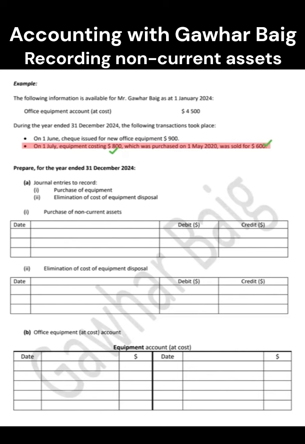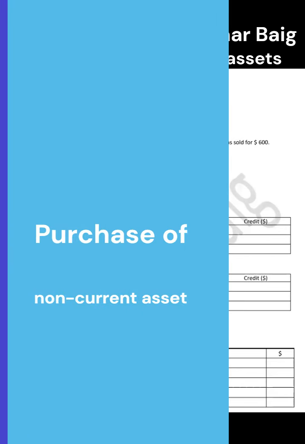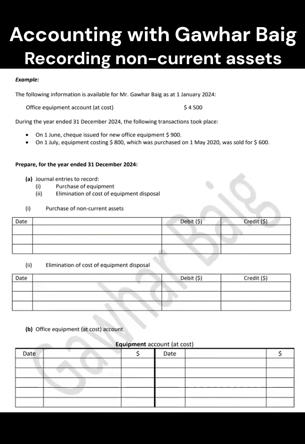What you see in the second part of the transaction, which is sold for 600, that is basically the selling price of the asset. So to record the purchase of equipment, just simply have to debit the equipment account and credit the office equipment account, which basically happened on 1st June. As you can see, we bought new office equipment for $900.